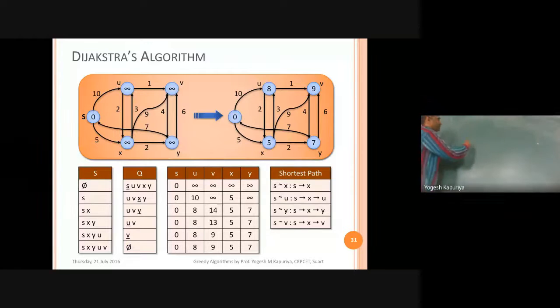So basically you have some graph. There are 5 vertices: 1, 2, 3, 4, and 5.